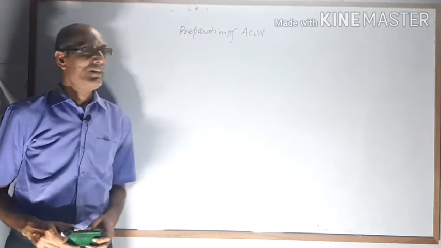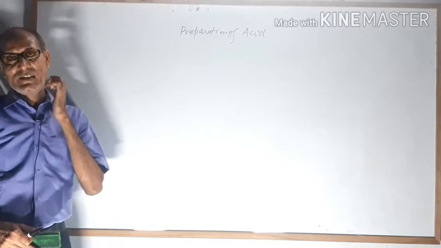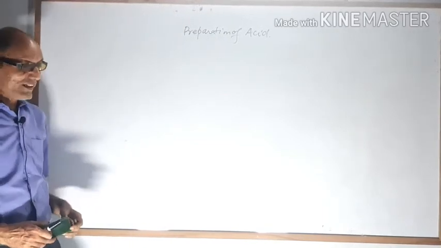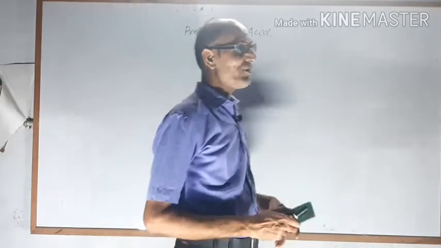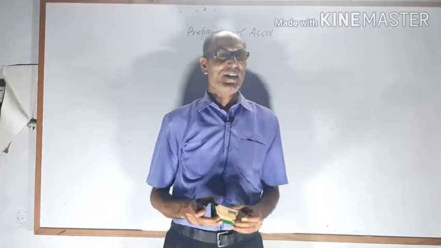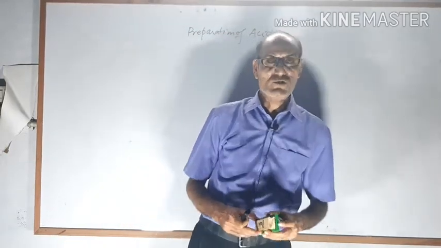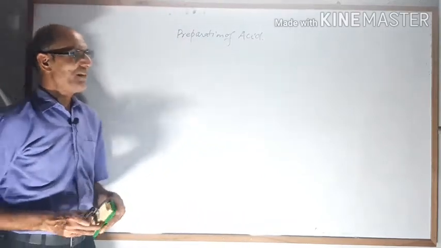Earlier we have explained the classification of acids, and you have learned about examples of acids. Now this is a very important part: the preparation of acids, how an acid can be prepared.